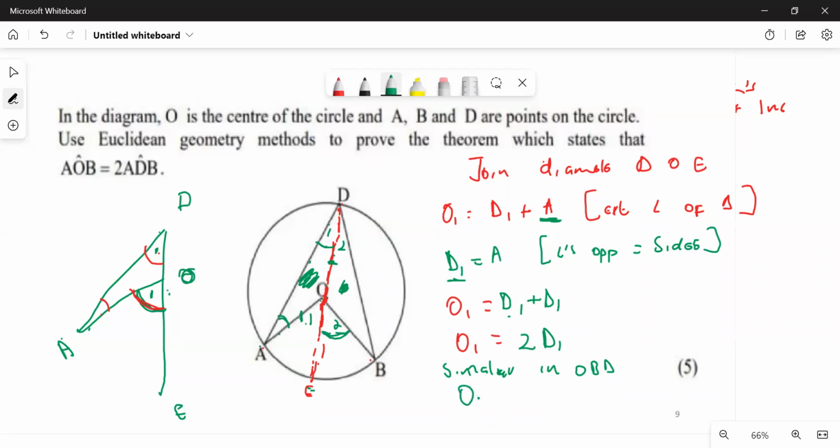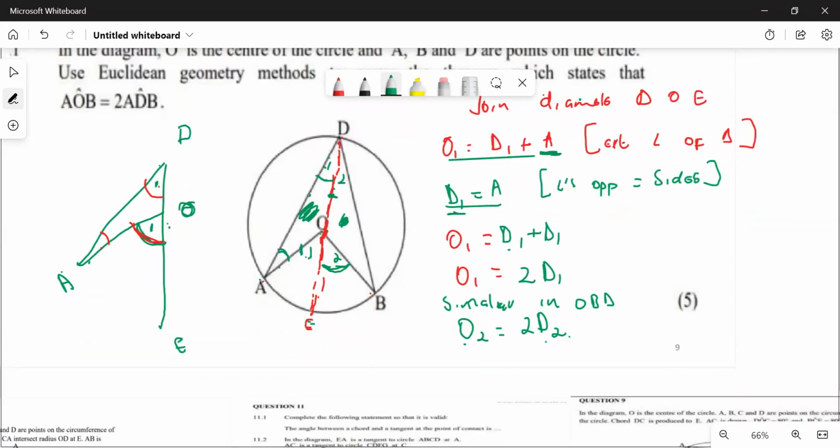We expect O2 to be equal to 2 times D2. We're going to use an exterior angle again, and after using an exterior angle, we equate these two. So the end product here: we've got O1 is twice D1, and we can also see that O2 is also going to be twice D2.